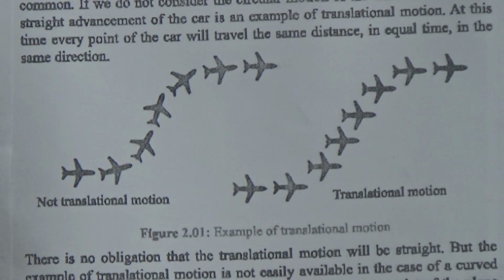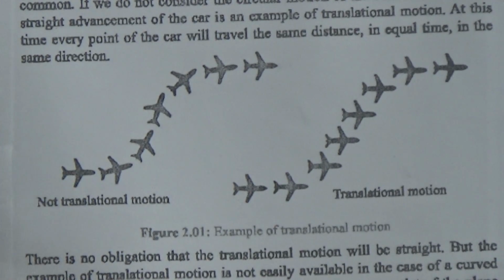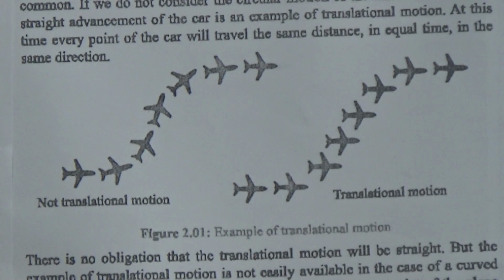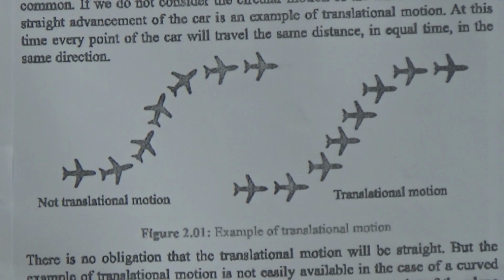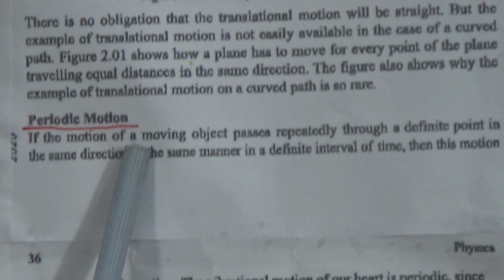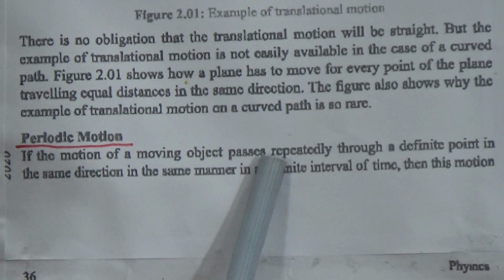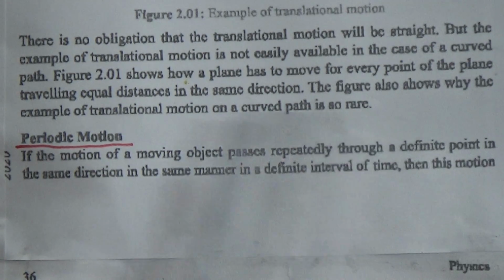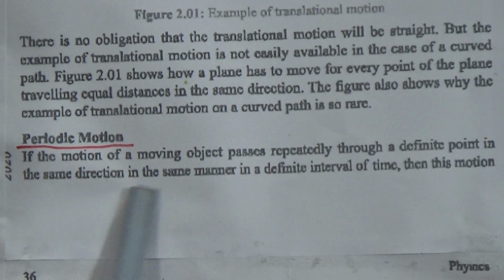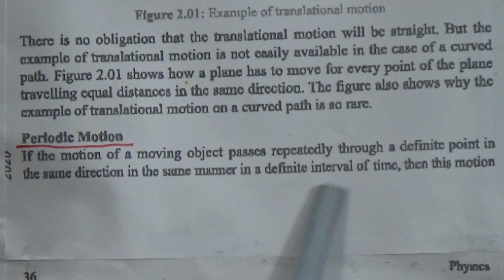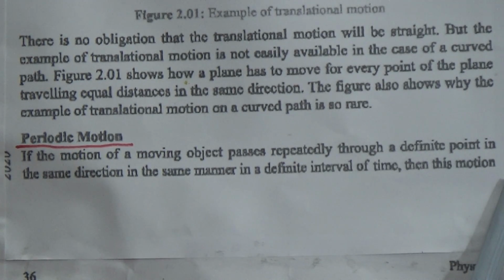Now come to periodic motion. My dear students, periodic motion is very important for your exam. Okay, you have to memorize this definition properly. If the motion of a moving object passes repeatedly through a definite point in the same direction, in the same manner, in a definite interval of time, then this type of motion is called periodic motion.